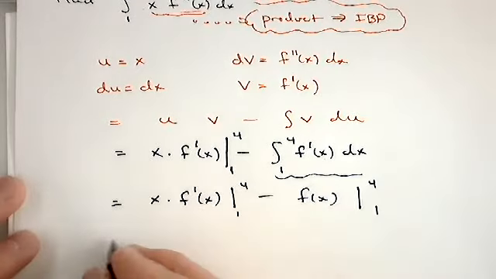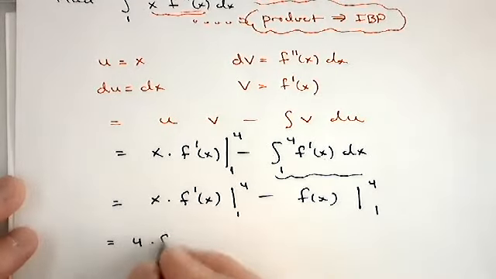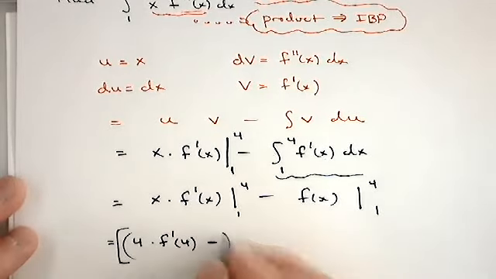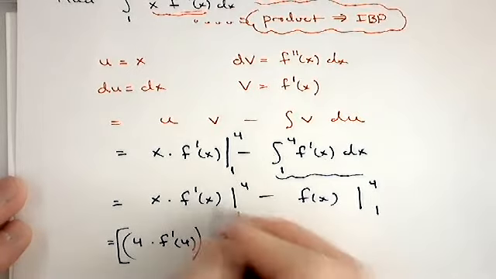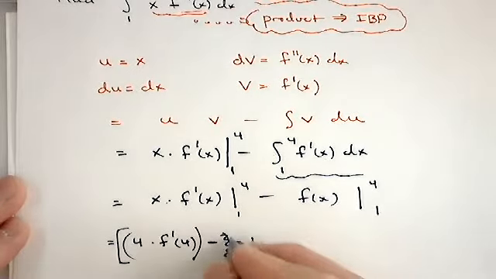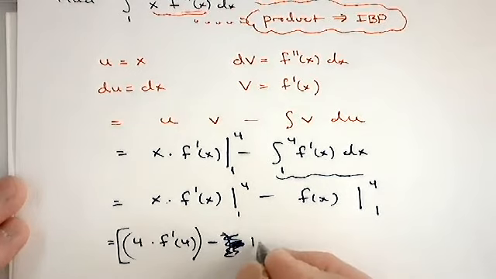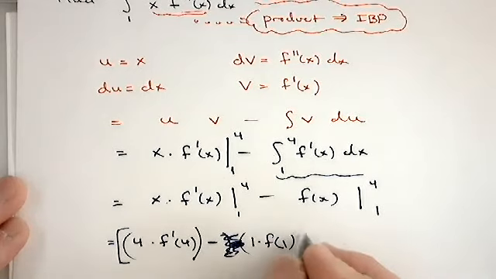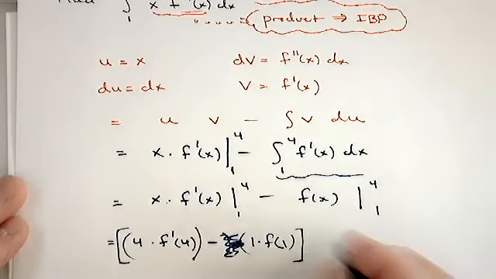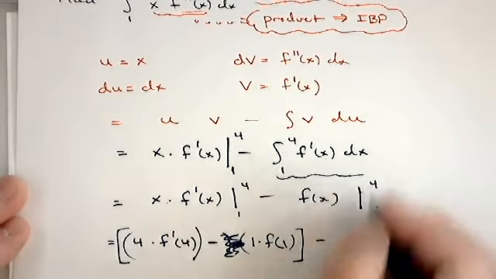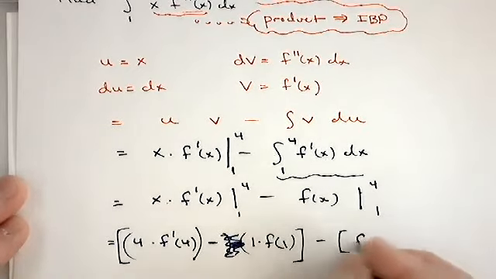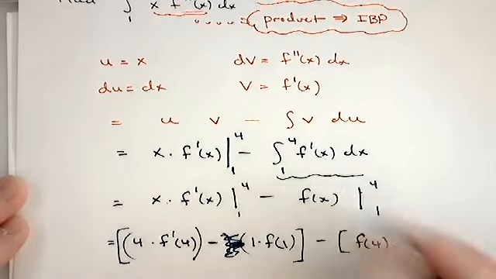And then I could just plug in. So this would be 4 times f prime of 4 minus 1 times f prime of 1, and then minus, let's just do this separately, f of 4 minus f of 1. You plug in the top limit minus what you get for the bottom limit.